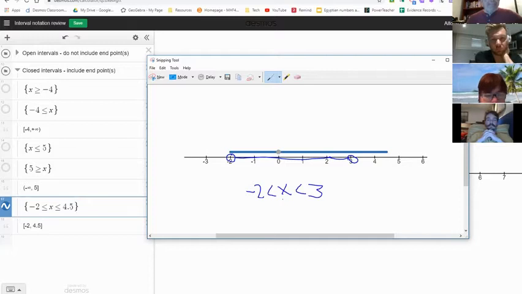Yeah, between 2 and 3, it's open. And if I change this and I fill it in, then my interval would become this. Great, smaller or equal to. And of course, my other notation would be this. And these would be open, and these would be closed.